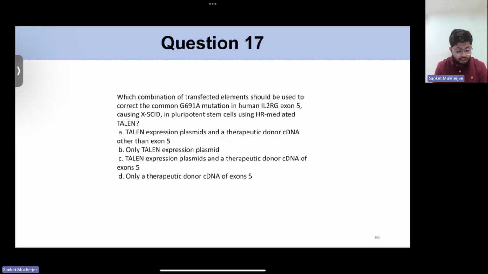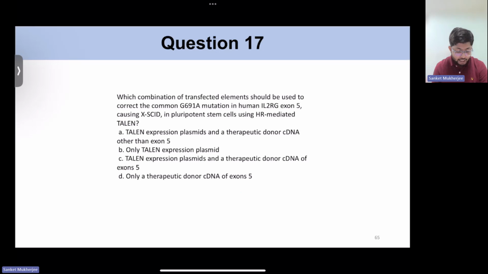Question 17. Which combination of transfected elements should be used to correct the common G691A mutation in the IL2RG gene, exon 5, which causes X-SCID, that is X-linked severe combined immunodeficiency, in pluripotent stem cells using homologous recombination mediated TALEN?